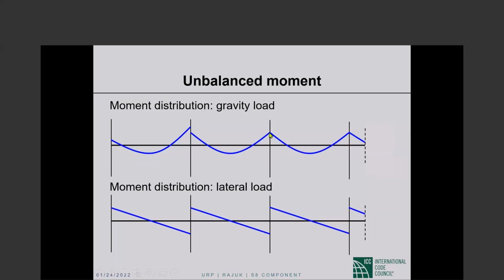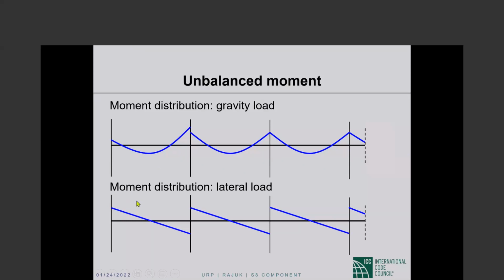By the time we have arrived at the second interior column, there is no moment to be transferred. The bending moment to the left of the column is the same as the bending moment to the right. So under gravity loads, there is significant moment transfer at the exterior support. There is some moment transfer at the first interior support, but then there is no moment transfer.